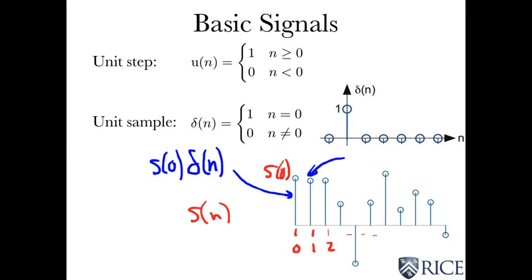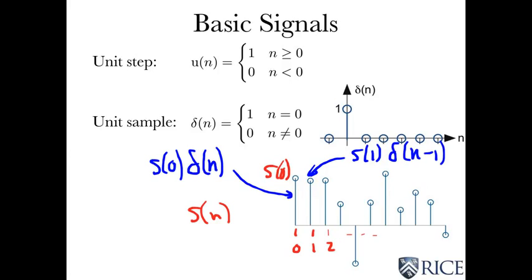The signal at n equals 1 is s of 1 times a unit sample, which is a delayed version of the unit sample. It's delta of n minus 1, right?